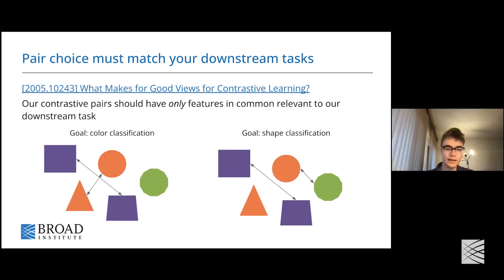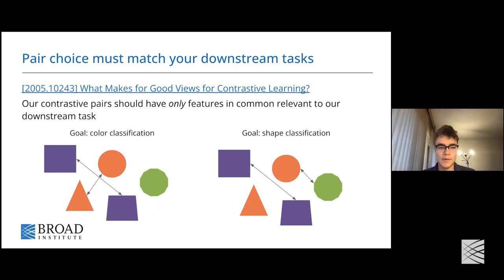And so we can look at a really simple example. If we were trying to classify information from colored shapes, imagine that we have a bunch of colored shapes and our goal is color classification.